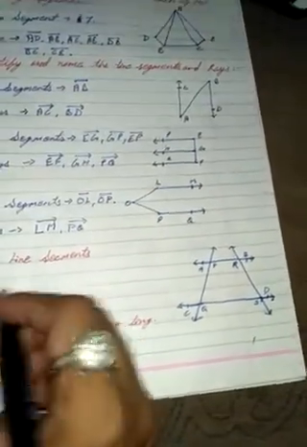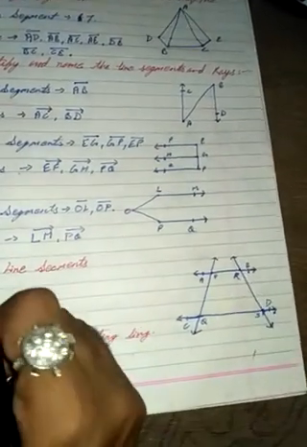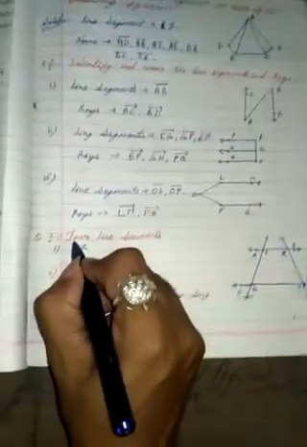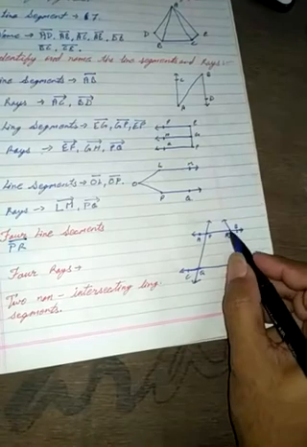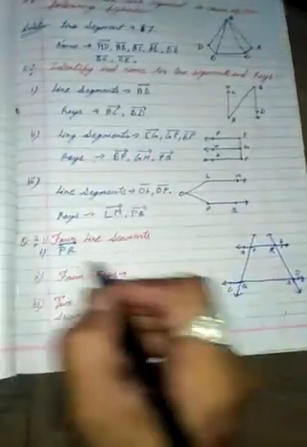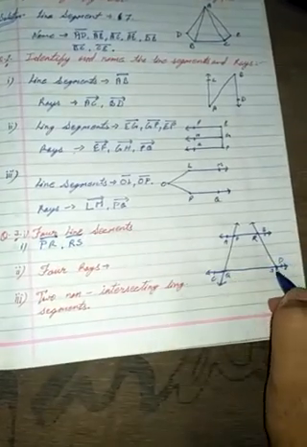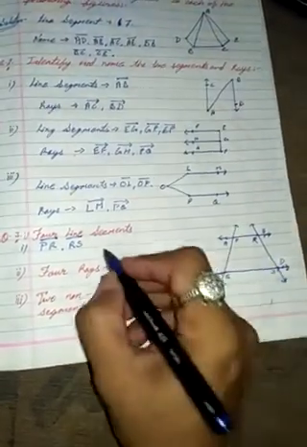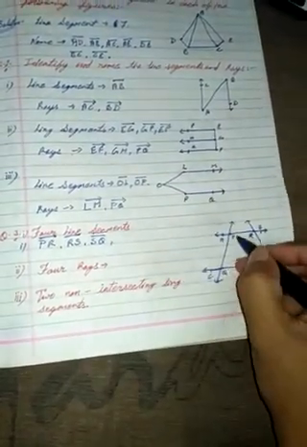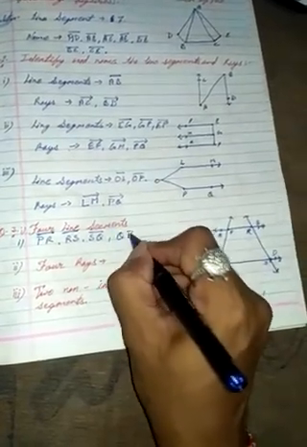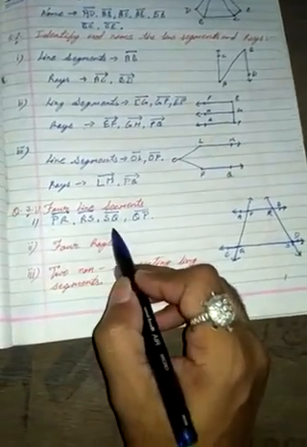Now first is PR, sorry. Now second is RS. Next SQ. Next QP. Now the question is 4 line segments. Now these are the 4 line segments.